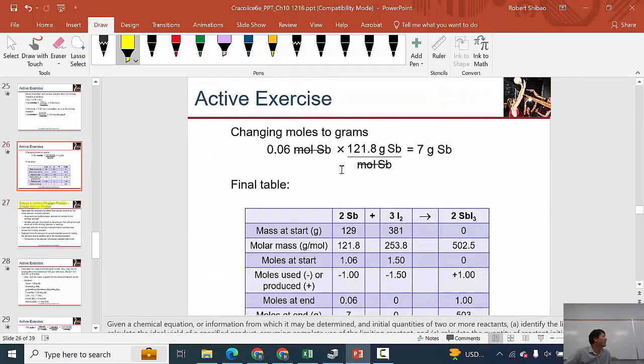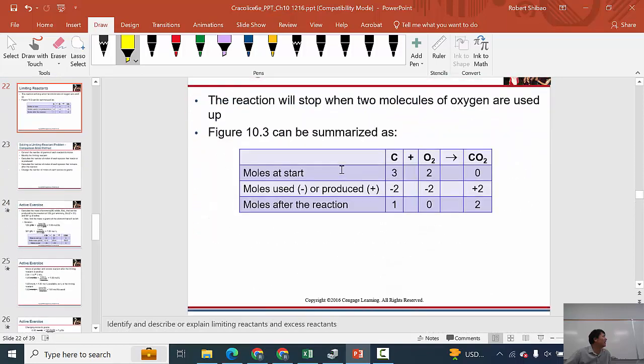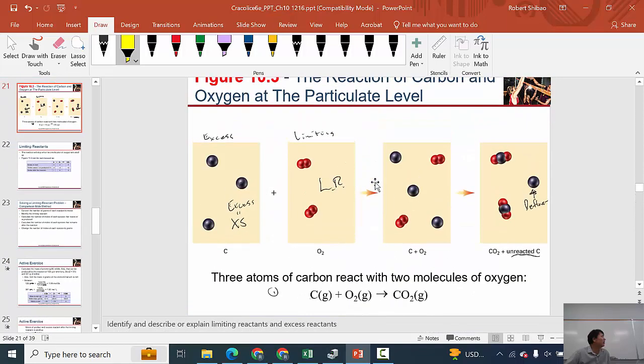So if we go back to this here, what we do in this calculation is calculate how many CO2s can we form with 3 carbons. With 3 carbons, we can form how many CO2s? 3 CO2s, if we had enough oxygen.